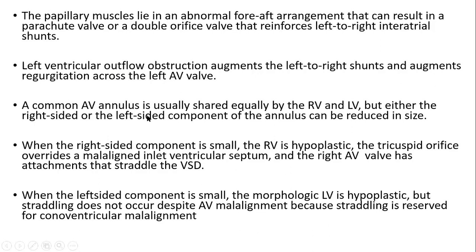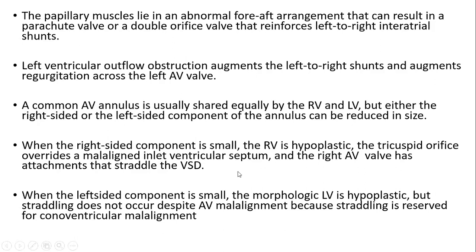A common AV valve annulus is shared by both RV and LV, and usually both sides will be the same. In some cases, there can be a decreased right side component because the RV can be hypoplastic, and in those cases the tricuspid orifice usually overrides the malaligned inlet VSD, and there can be AV valve straddling across the VSD.